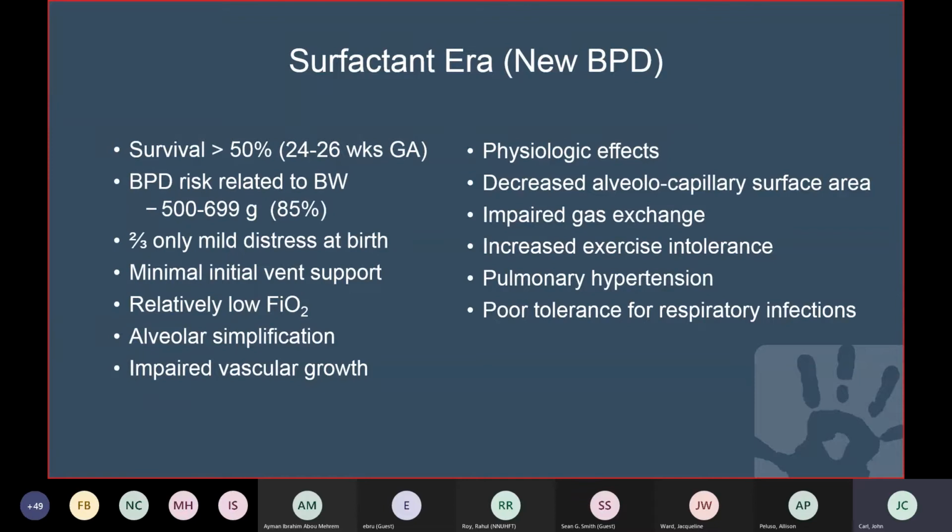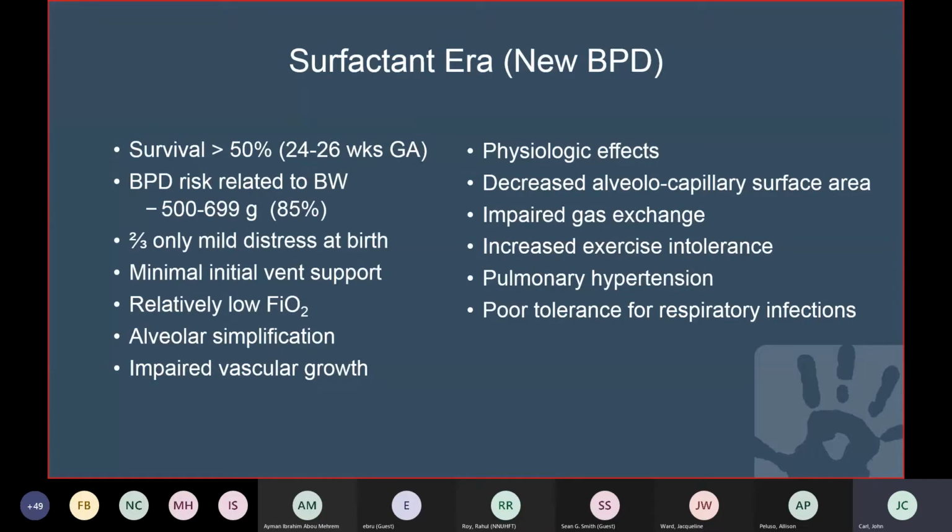In the new BPD, as I know that you're aware, but just to run through some of the overlap between chronic lung disease, or the BPD, and pulmonary hypertension, the survival is significantly improved for those children in previously unattainable gestational ages. Now within the 24 to 26 weeks gestational age, survival is greater than 50%.